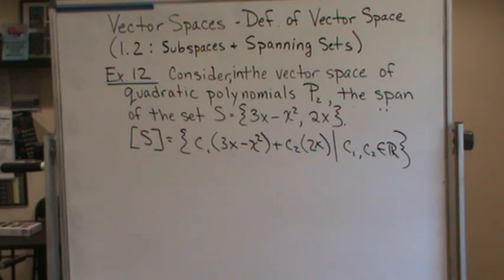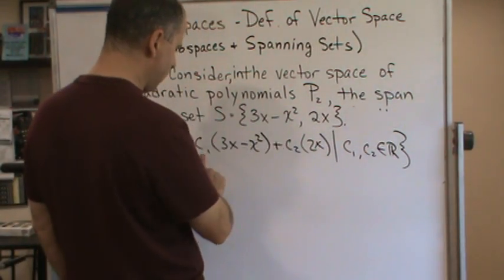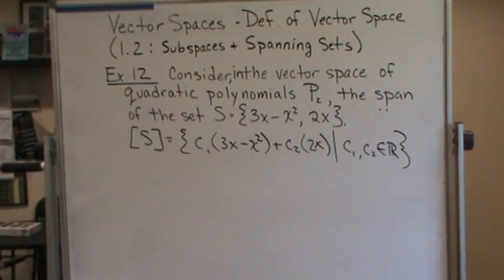And is that a necessary condition or a sufficient condition? So we're asking for which members of P2 are there C1 and C2 such that we can write it as a linear combination of those two. So when we have a combination of this, how can we determine C1 and C2? Very similar to the last problem that we did. So let's set this up.